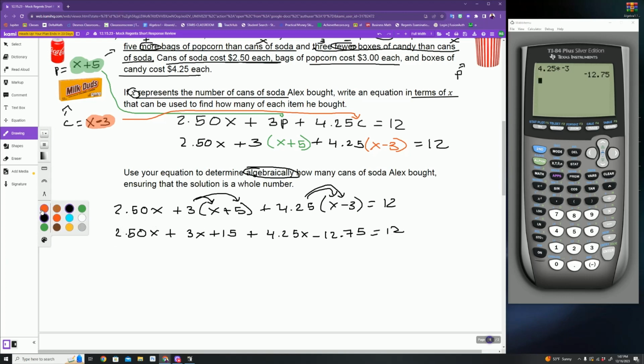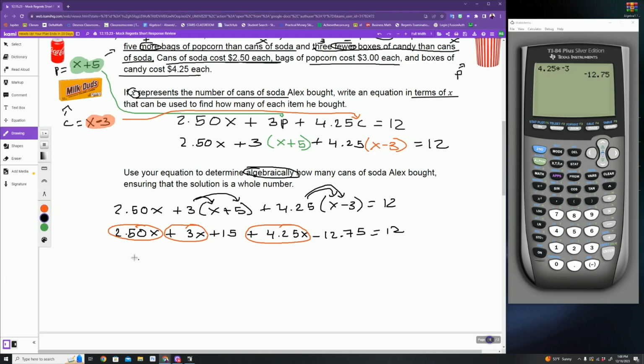Now let's keep going. We're going to combine our like terms. We have 2.5x plus 3x plus 4.25x. 2.5 plus 3 is 5.5, plus 4.25 is 9.75.